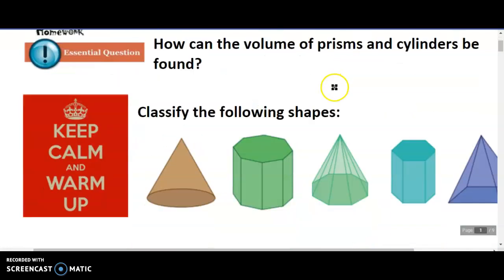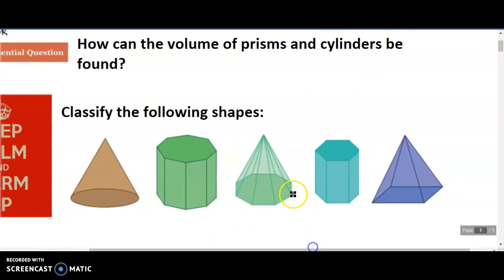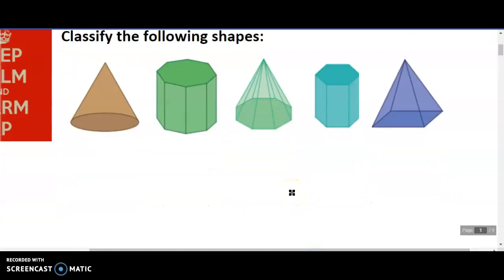Today we're going to do volume of prisms and cylinders, but we're going to start with something that you went over yesterday, which was classifying three-dimensional shapes. So hopefully, looking at these shapes, you'll know right away that this is a cone.